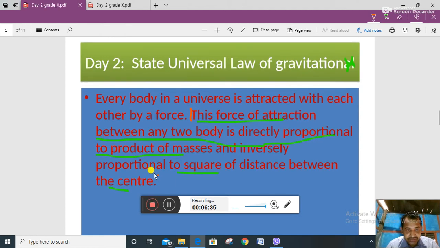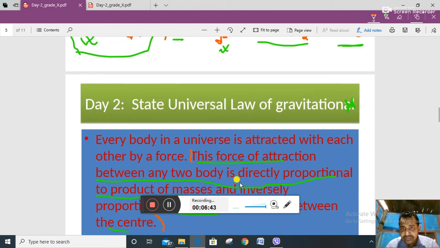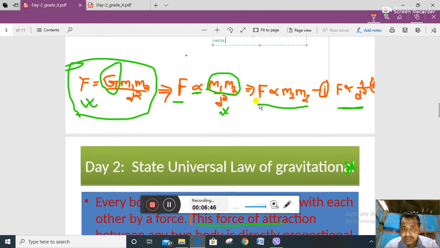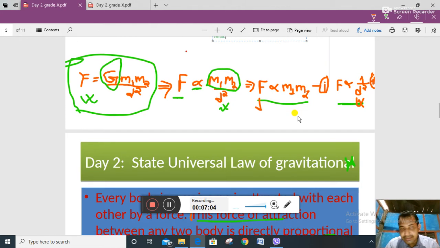There is no need to write that everybody in this universe attracts each other by a force. Just this is the main answer. F is the attractive force. The force of attraction between any two masses is directly proportional to the product of the masses and inversely proportional to the square of distance between their centers. From this definition also we are able to state Newton's universal law of gravitation.